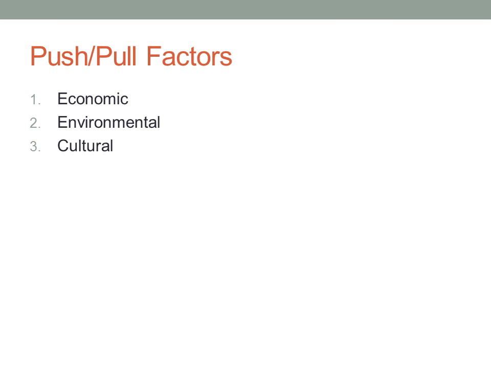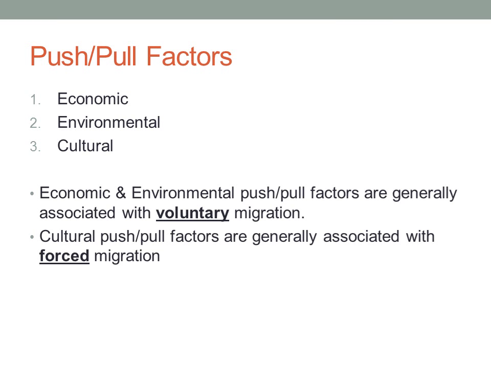Environmental, as well as cultural. Now, remember we said a couple minutes ago, economic tends to be associated more with voluntary migration. Most forced migrations derive out of the cultural category.